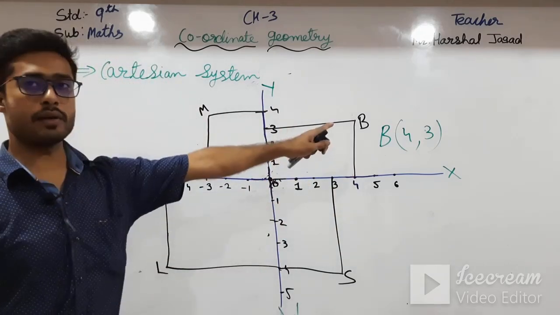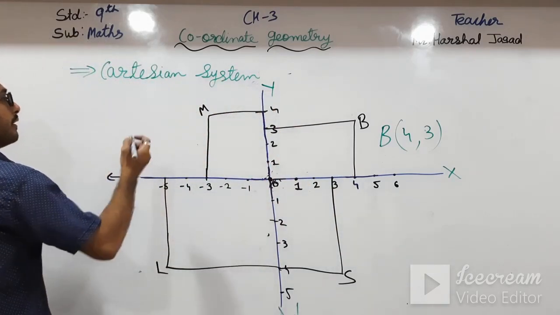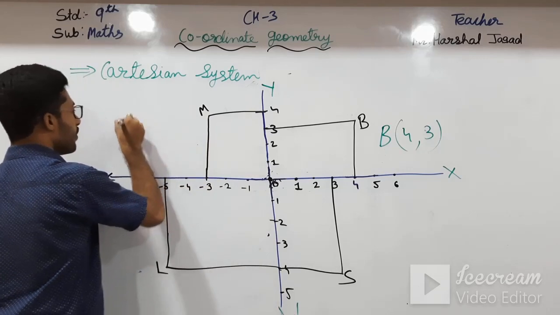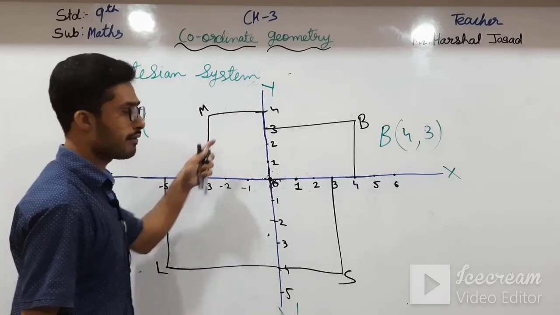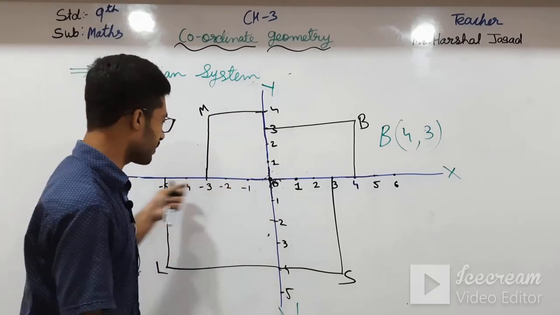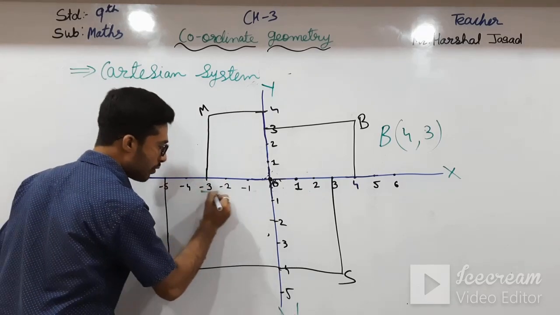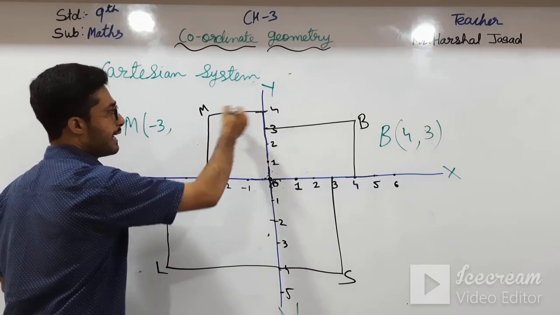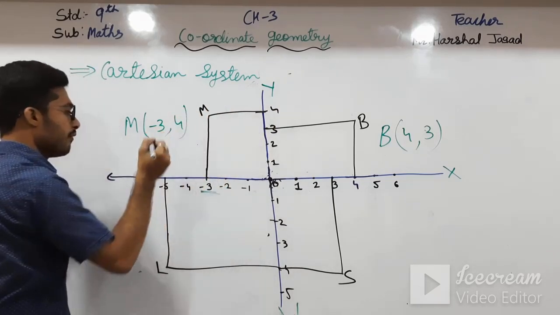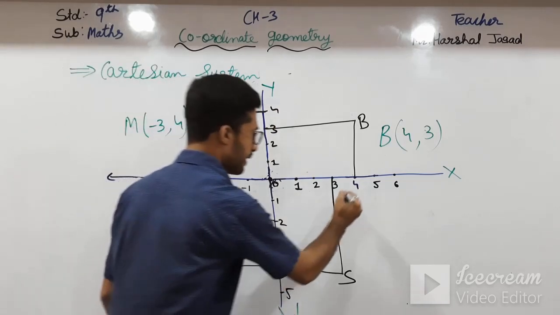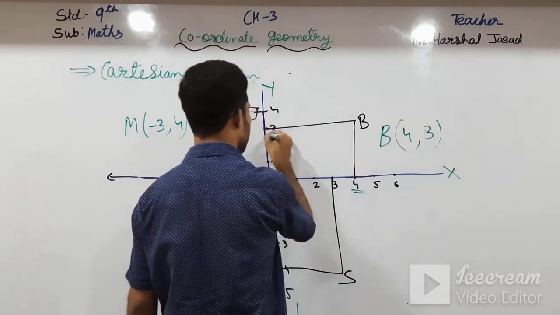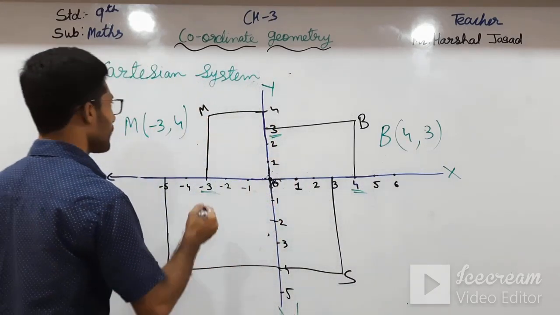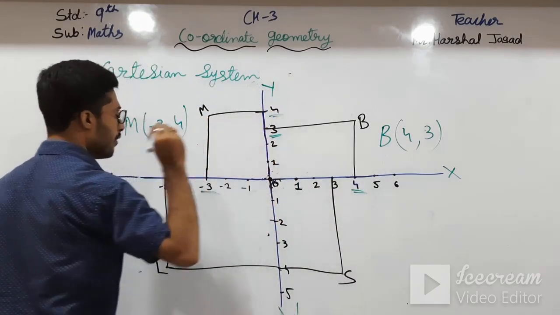Now moving towards M, where does the x axis first of all touch? It touches at minus 3, and in the y direction it touches 4. Okay students, here it touched 4, so this I have written, this touched 3 and here it touched 4.